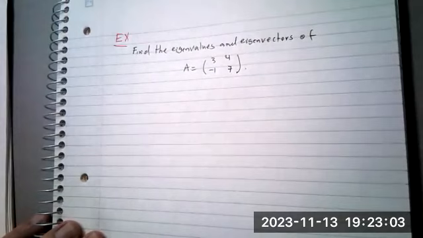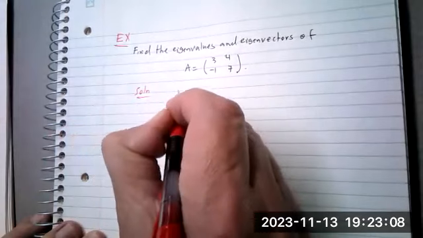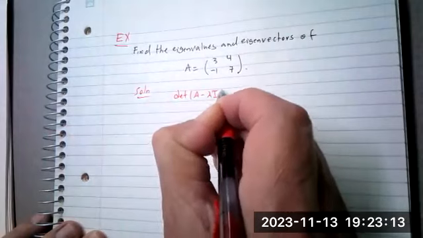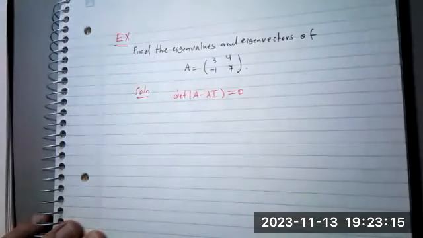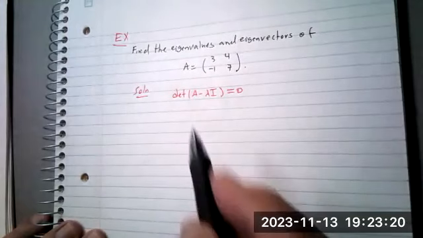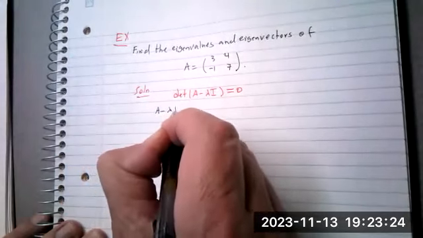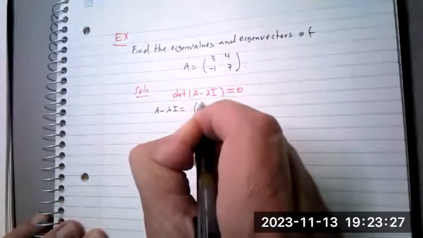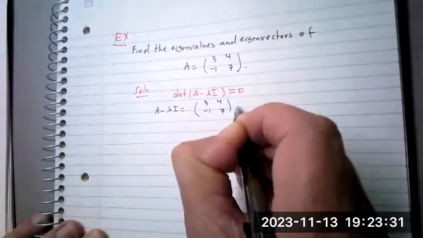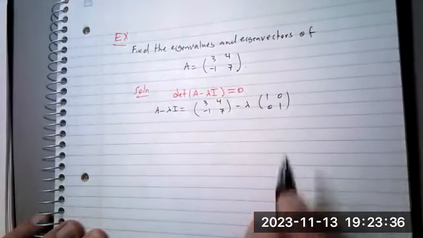So you have to solve this equation. Solution: you have to solve the equation determinant of A minus lambda I equal to 0 to get the lambdas. A minus lambda I is going to be equal to A, which is 3, 4, -1, 7, minus lambda times I, which is 1, 0, 0, 1.